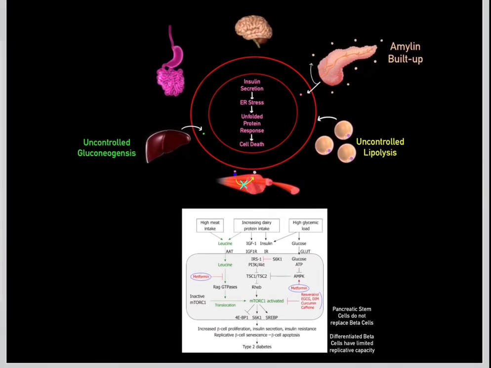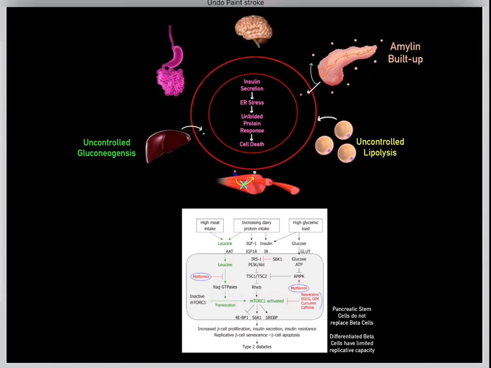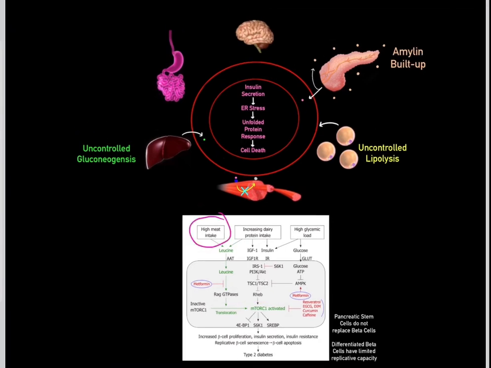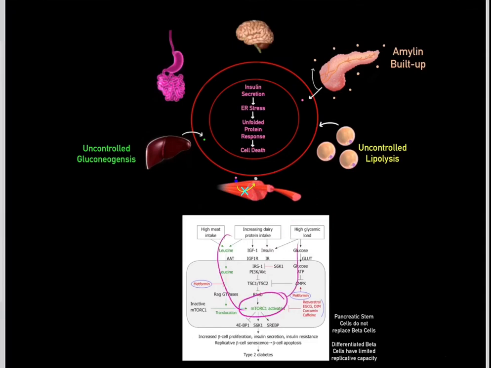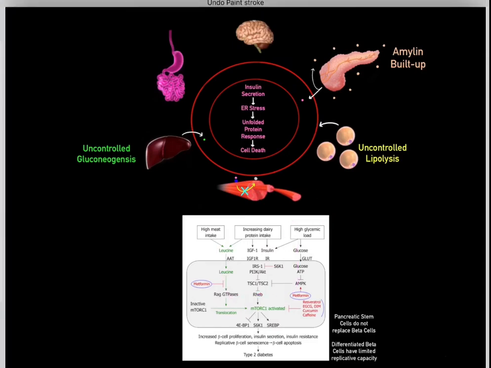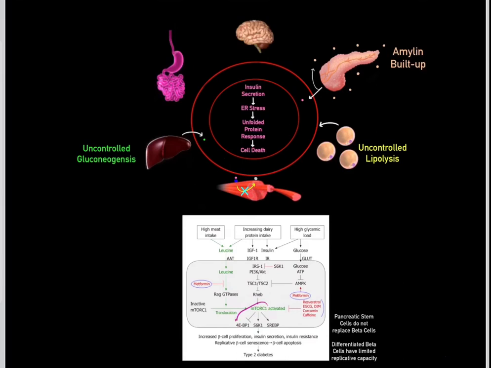One last mechanism is essentially constant activation of mTOR. So we know if you're constantly eating meat and the amino acids associated with meat, and constantly eating a high glycemic load, stimulating the hormones associated with a high glycemic load, those are the two factors that stimulate mTOR. And if you're constantly stimulating mTOR, that's going to lead to beta cell proliferation and mitosis.